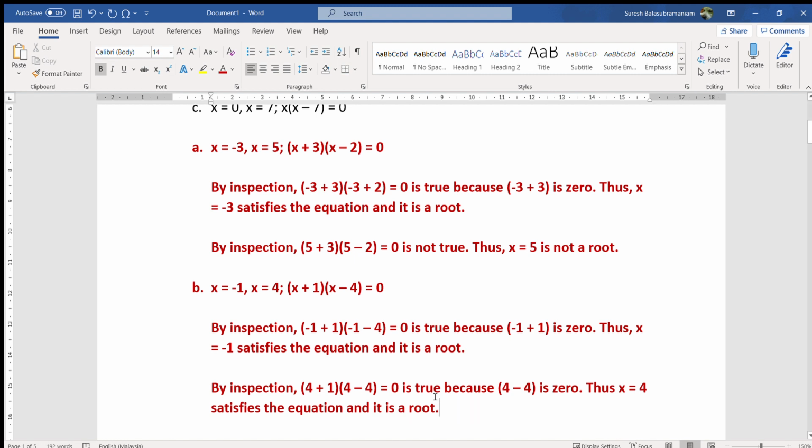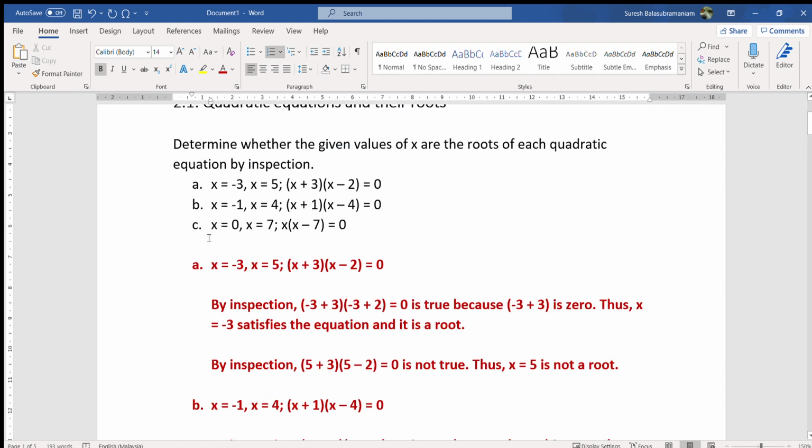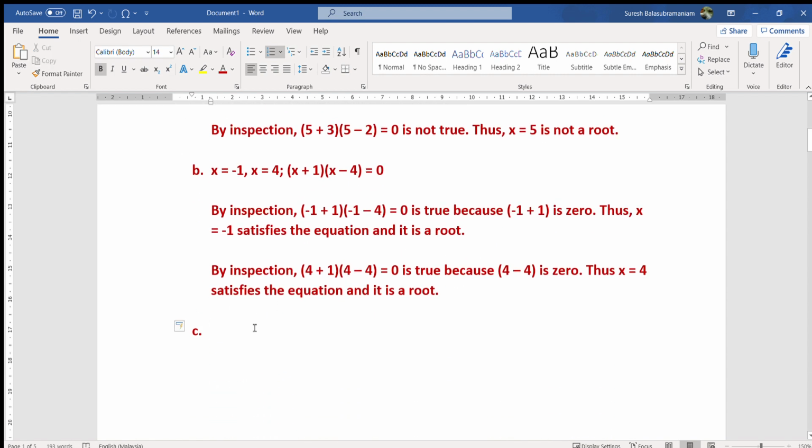Moving on to C. Copy and paste the equation. I'll start with x equals 0.